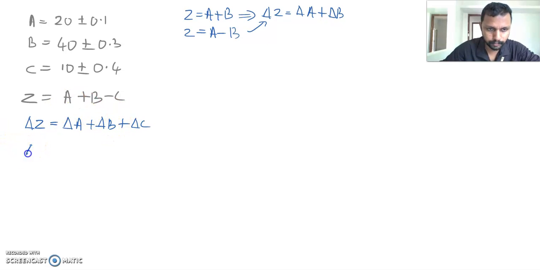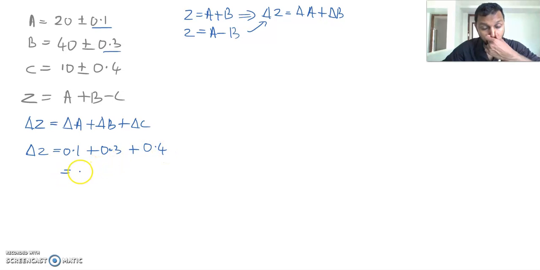Then let's substitute. Delta Z is equal to delta A, which is 0.1, plus delta B, which is 0.3, plus delta C, which is 0.4. Therefore, 0.1 plus 0.3 plus 0.4 is 0.8. The absolute error for Z is 0.8.